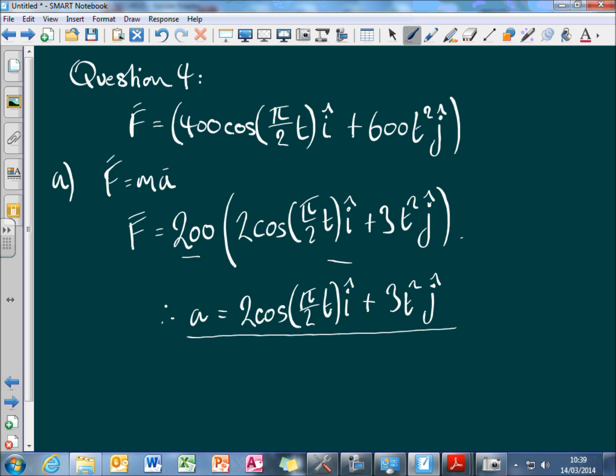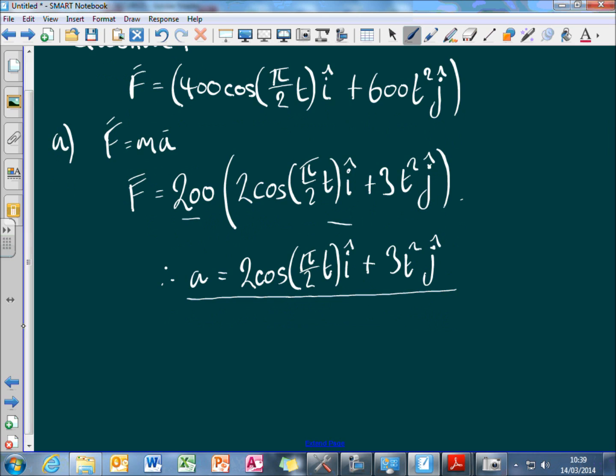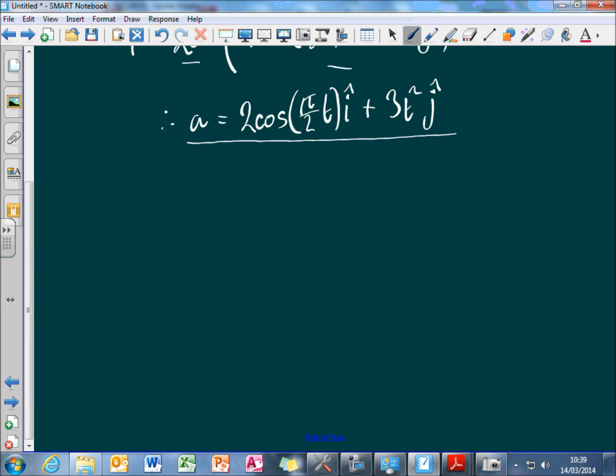When t equals 4, the velocity of the particle is minus 3i plus 56j. Find the velocity of the particle at time t. Well, to get an expression for the velocity, another way of writing a is dv/dt. It's the change of velocity with time. So if I integrate that expression, I should get the velocity.